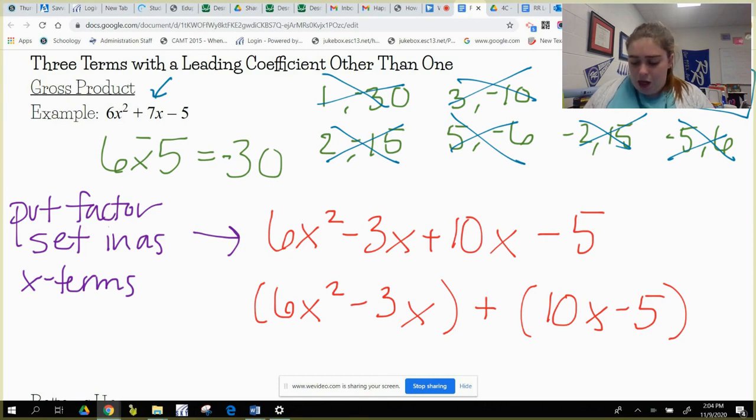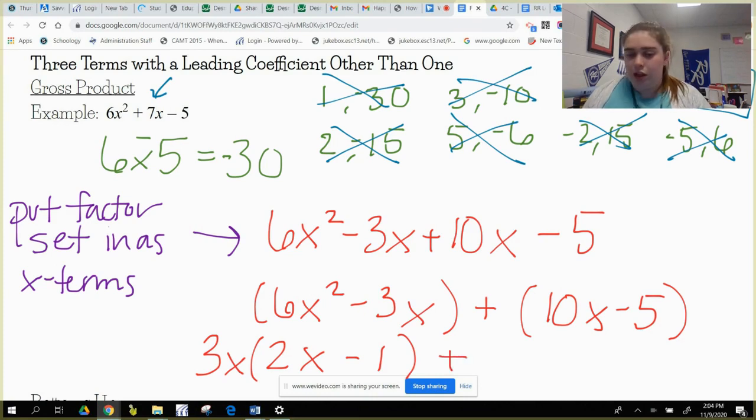If I take 3x out, what will I be left with? 6 divided by 3 is going to be 2, and then we still have another x left there. And instead of the 3x, we're just going to have a 1.